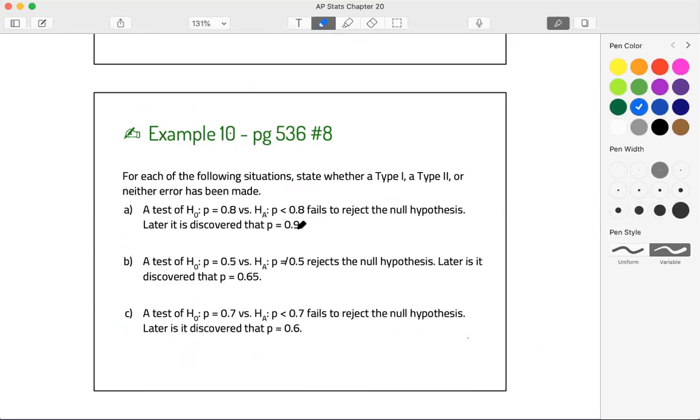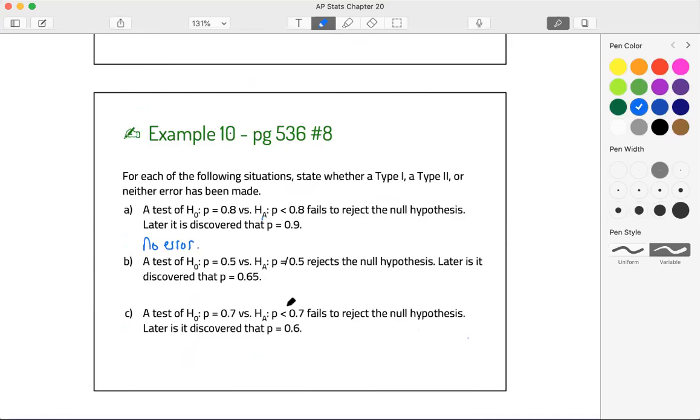Our alternate was that it's less than 0.8, so we wouldn't conclude that. Did we make the right decision? Yes, we did. So no error has been made. We know it's not 0.8, but our alternate said it was less than, so we failed to reject. That means we stay with the status quo, basically rejecting our alternate hypothesis.